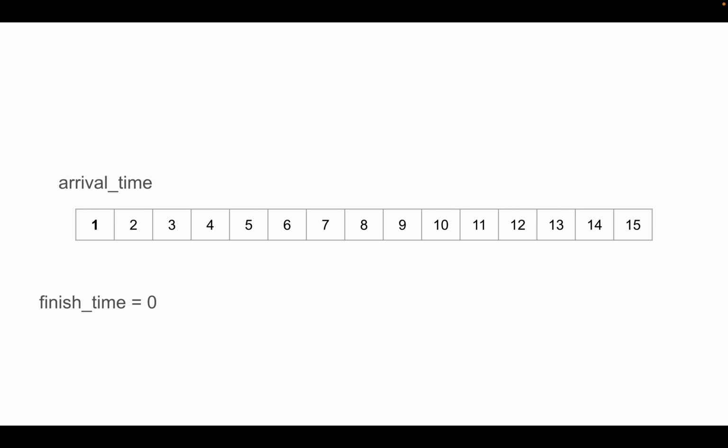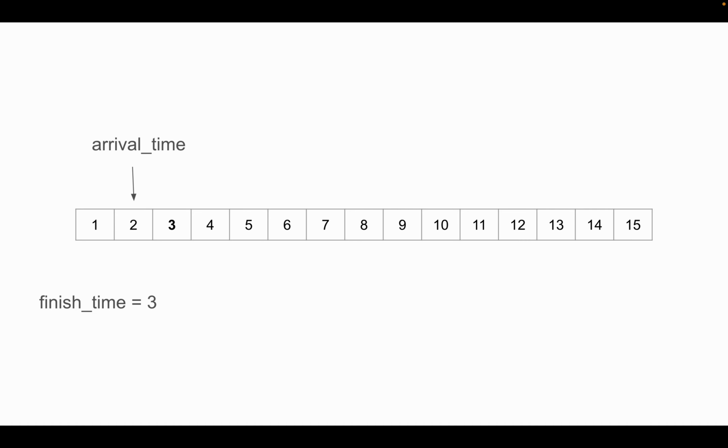So the new finish time will just be the current arrival time plus the prep time. While if you arrive before something else is finished, your new finish time will start at the current finish time plus the prep time. So you get a new finish time. And then total waiting time is always the finish time of your item minus your arrival time.